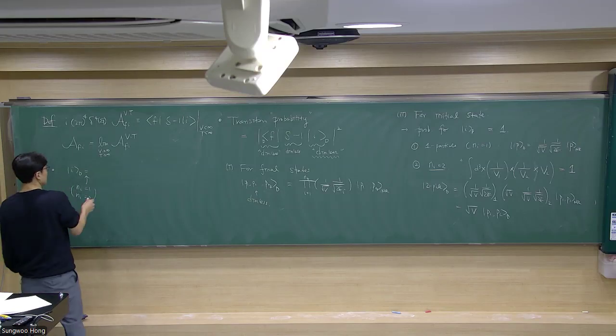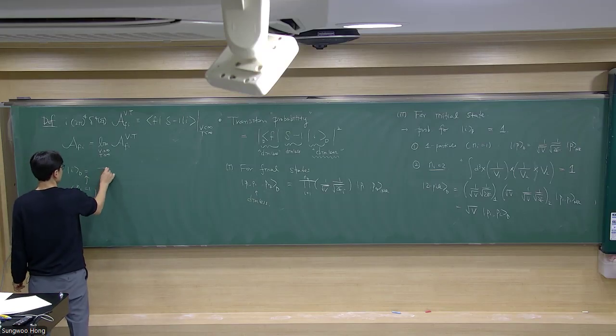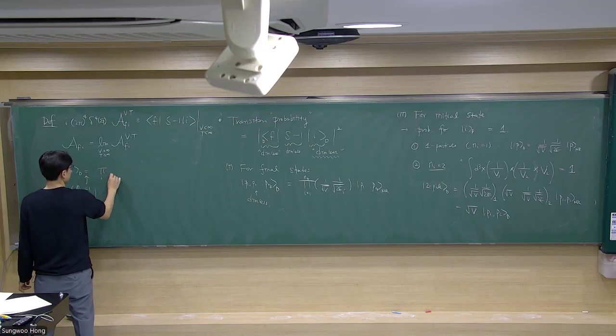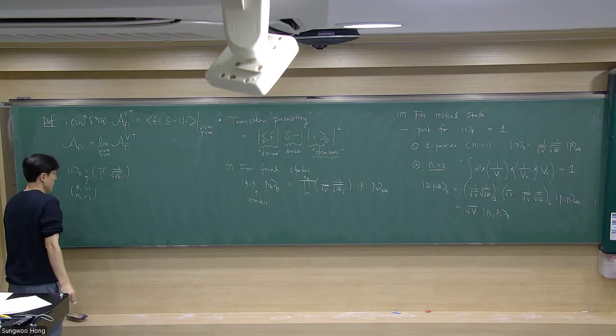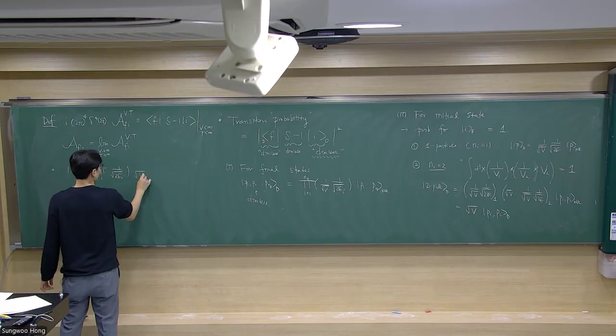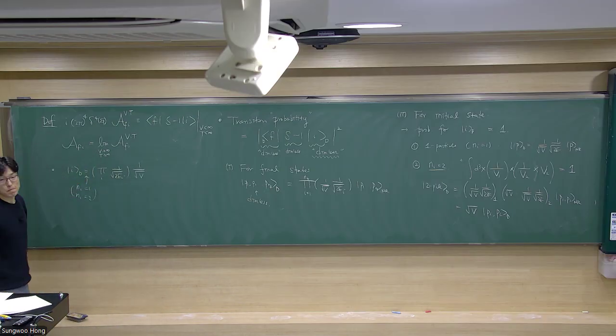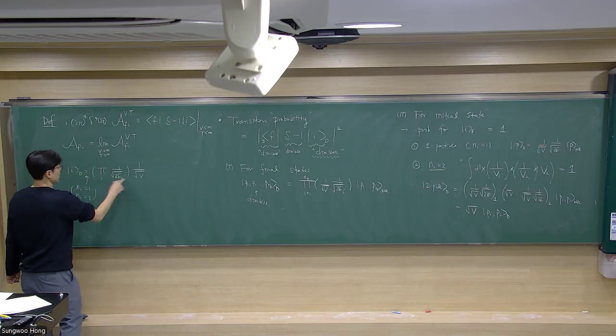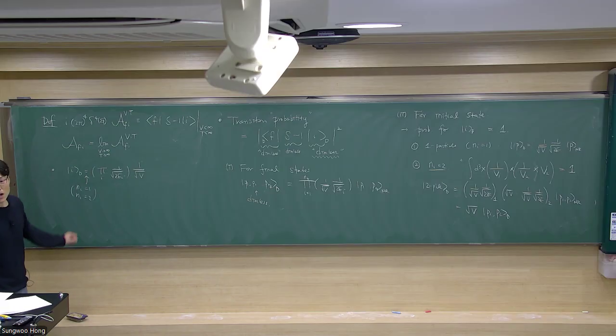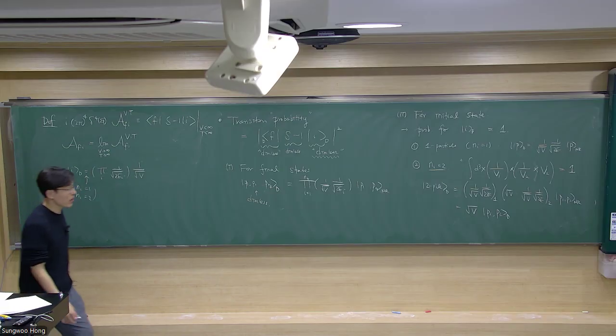Then this can be written as, for each initial particle state, we put 1 over 2E, and then we will put only one overall factor of 1 over V. This is outside of this problem. You might say I'm writing something fancy. No, I'm not writing something fancy.